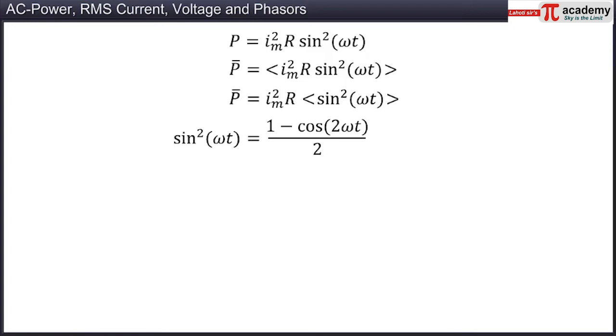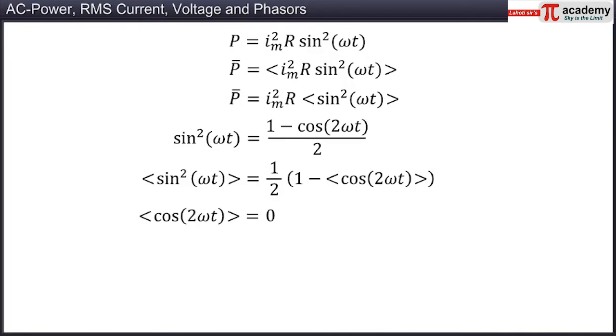Therefore, the average of the required expression is given as shown. However, the average value of cos 2 omega t over a complete cycle is 0. This makes the average of the sine squared omega t over a cycle as half. Therefore, the average power dissipated over a cycle is half of Im square R.